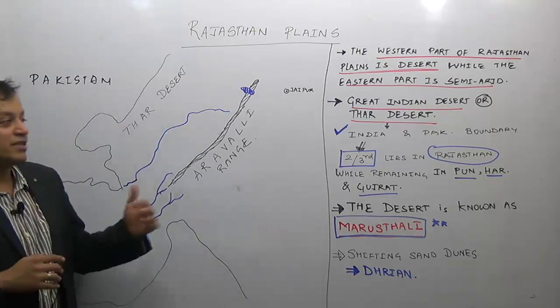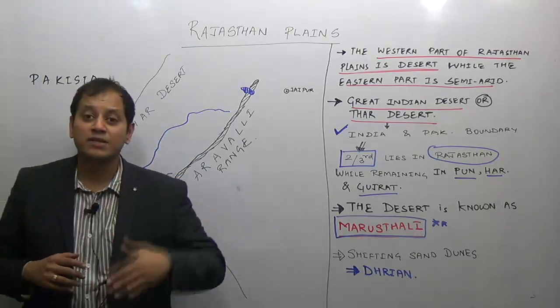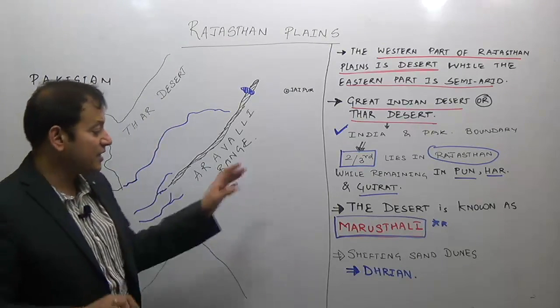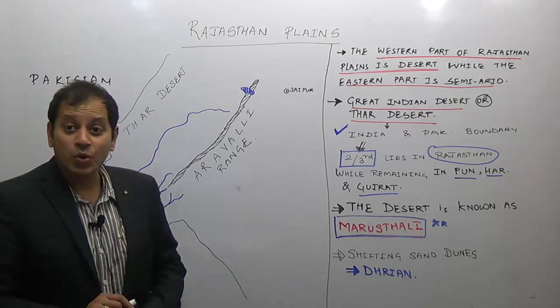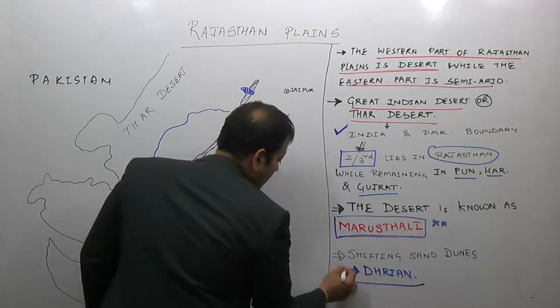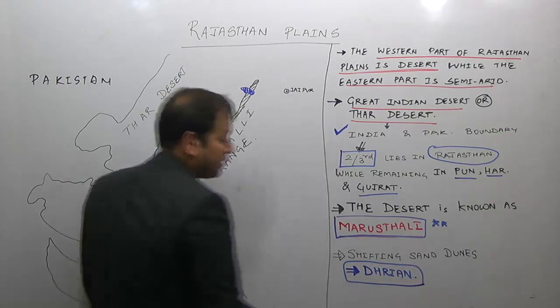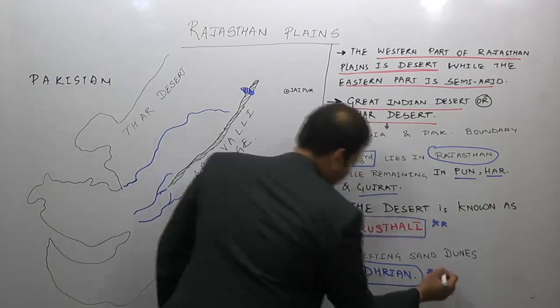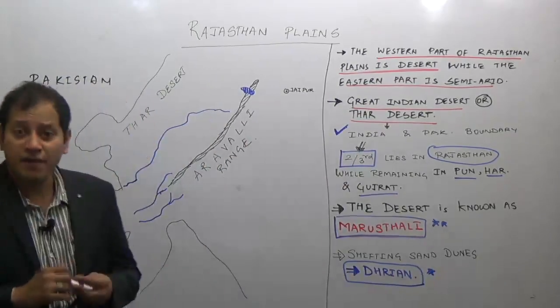So the sand dunes migrate, they shift, resulting in desertification. So the shifting sand dunes are known as Dhriyan. So the Marusthali is covered by shifting sand dunes which are locally known as Dhriyan. So what are the points we have studied here?